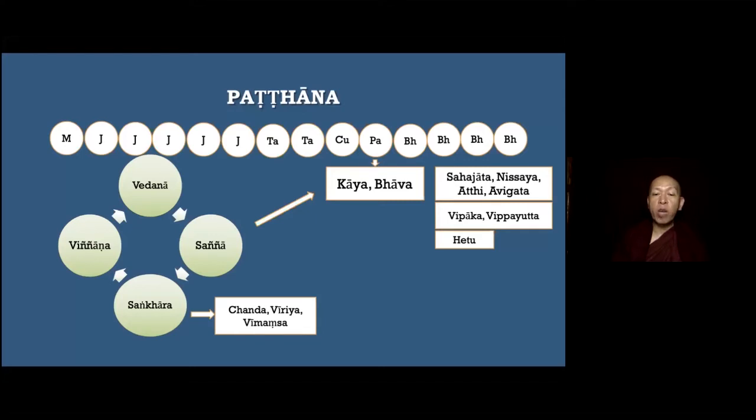As you have known, chanda, viriya, vimamsa are called predominant. Also vinnana, citta, consciousness, altogether four predominant factors. You can also say highly esteemed, also chief or leader.